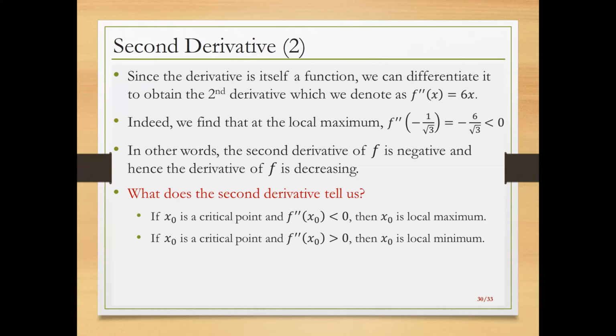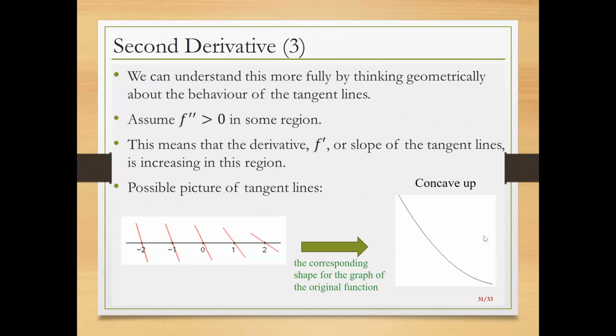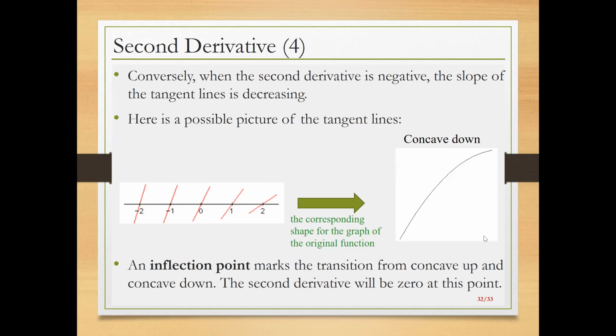So these are the things that you need to know. As our friend said, if it's equal to 0, it would be a stationary point, and that helps us confirm our analysis. You can read this.